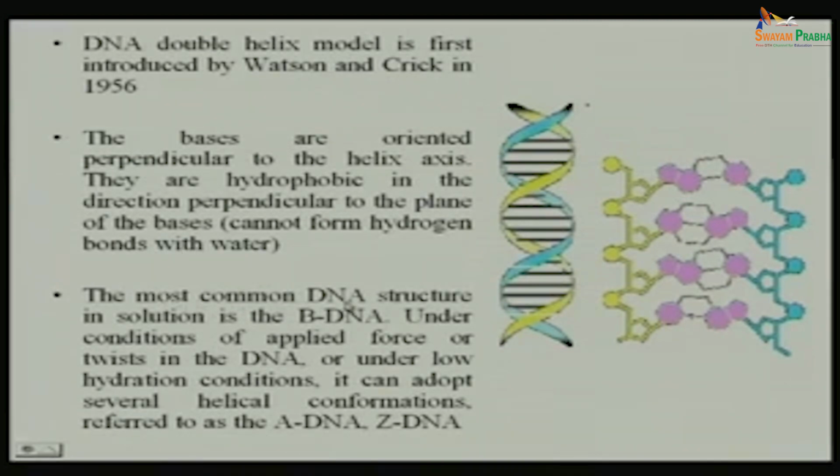The most common DNA structure in solution is the B form of DNA. Under conditions of applied force or twists in the DNA, or under low hydration conditions, it can adopt several helical conformations which are referred to as A form of DNA or Z DNA and so on.